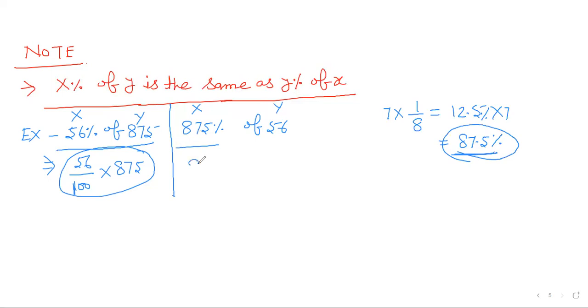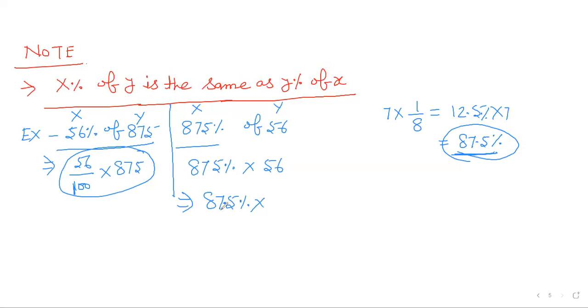But if I write this, and now I have to write this. What should I do to make this calculation neutral?